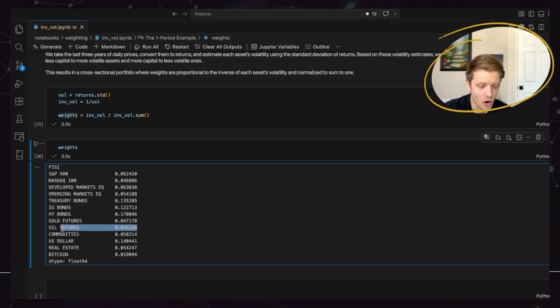We can also see that oil, relatively volatile, especially recently for political reasons, has a 2.5% weight compared to those 17% that you see in bonds. So you see, in 3 lines of code, we easily computed the weights for our multi-asset strategy for 1 period.